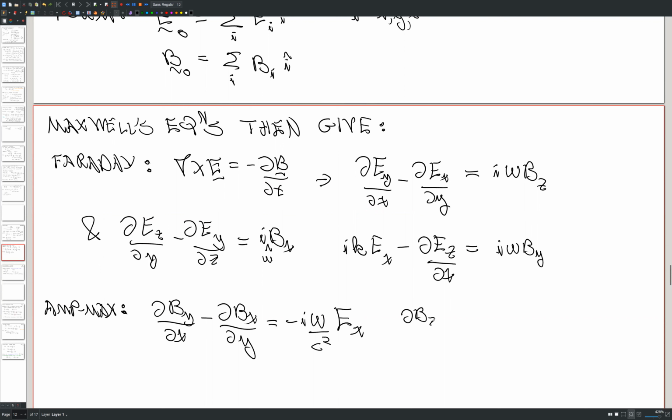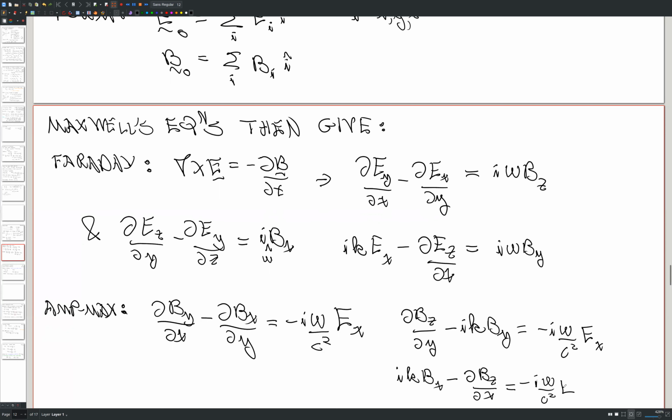So dB_z/dy minus, again here I take the z derivative, but it brings out an ik B_y. This is now equal to minus i omega over c squared E_x. And the last equation is just ik B_x minus dB_z/dx is equal to minus i omega over c squared E_y.